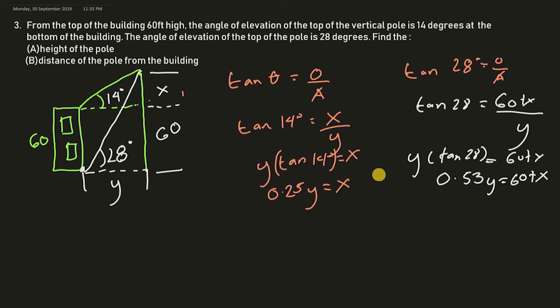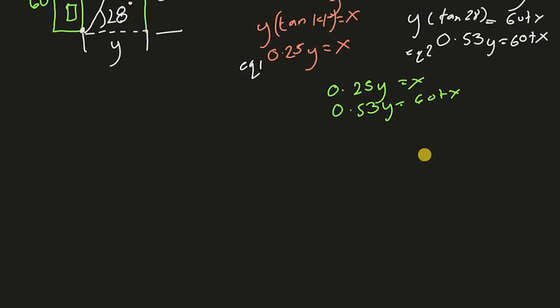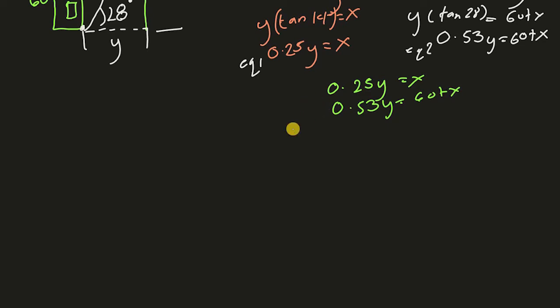So guys, kung mapapansin nyo, we have formed two linear equations. This is equation 1 and this is equation 2. So, pwede na nating mahanap yung values ng y and values ng x using systems of linear equations. So, let's write it down. 0.25y is equals to x and 0.53y is equals to 60 plus x. So, we can solve this using elimination. Isusubtract na lang natin yan para yung x natin ma-eliminate and we can solve for the value of y.